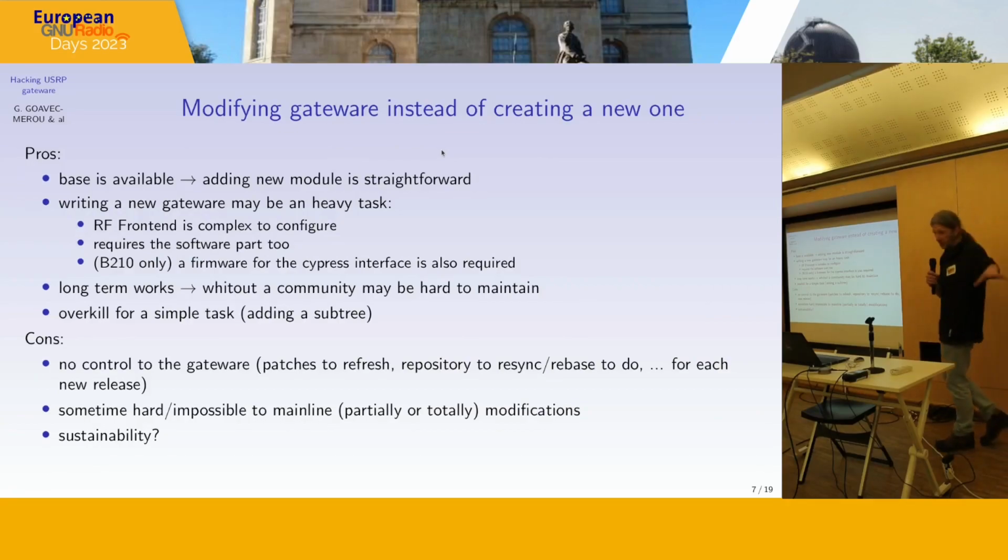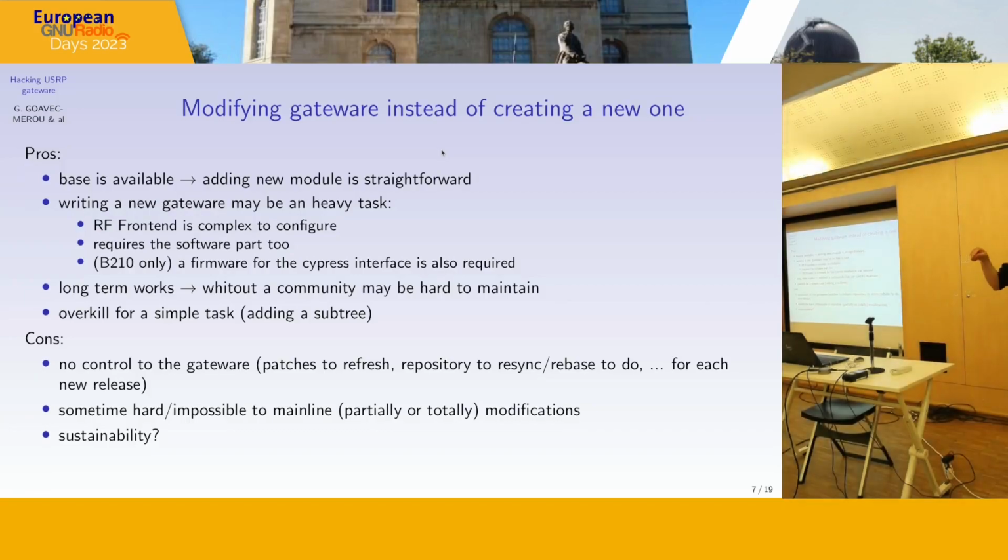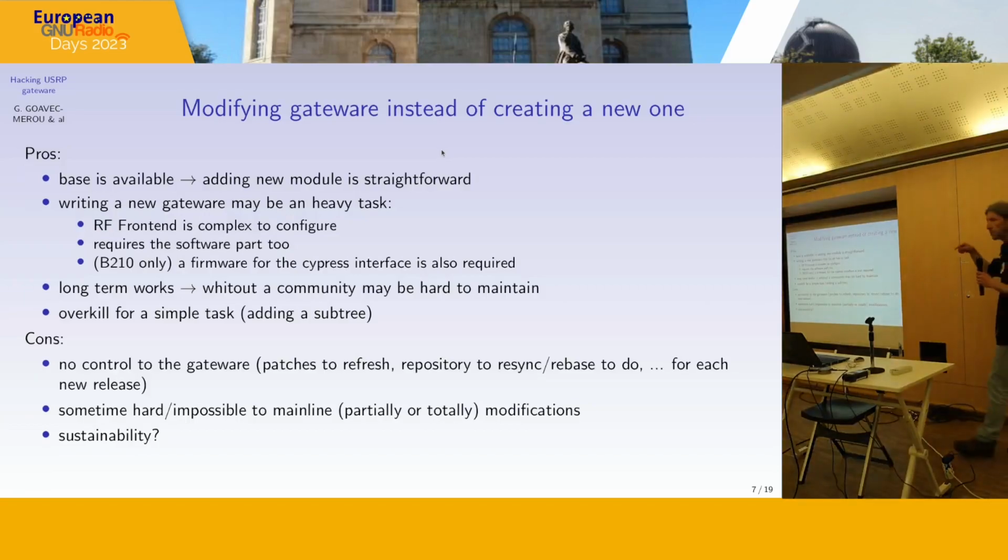So you have the gateware to do, the software to do, and in the specific case of the B210, the USB 3 is a Cypress, a microcontroller with a USB interface on one side and a parallel interface on the other side. So we have to write a new firmware for this one. Maybe it's possible to use the official one, but if you decide to remove everything about Ettus, it makes sense to write everything.